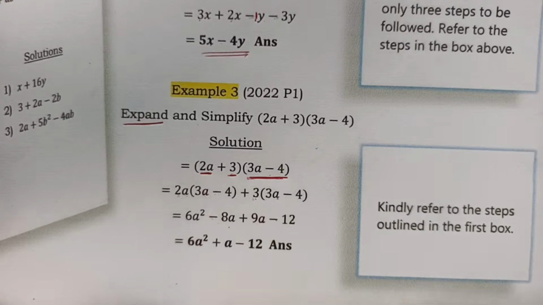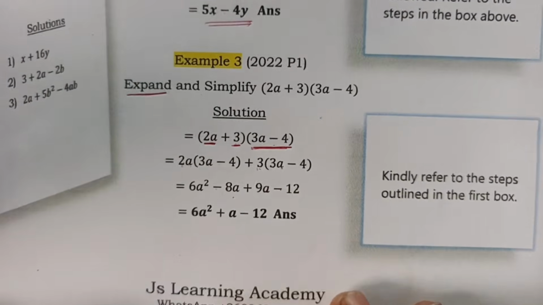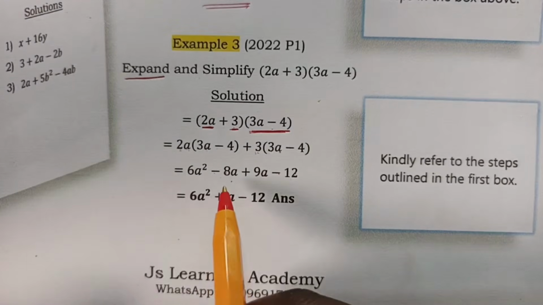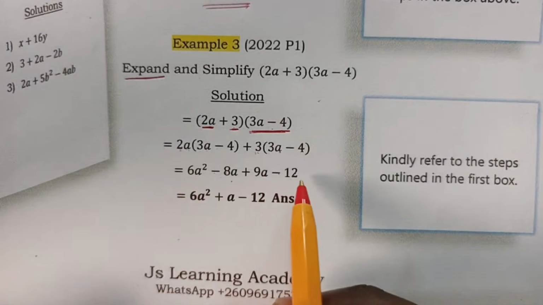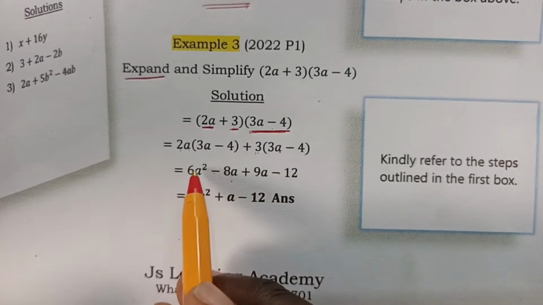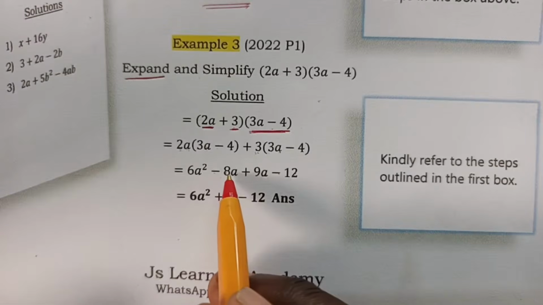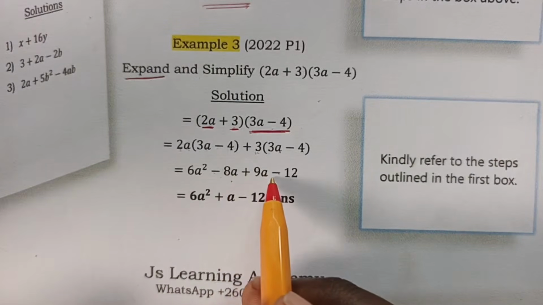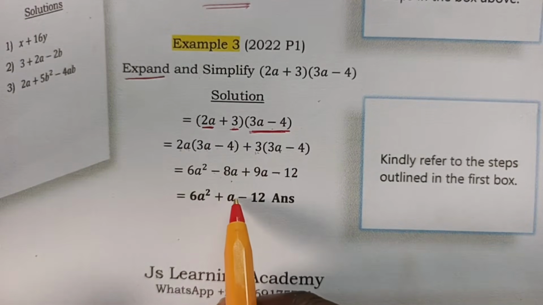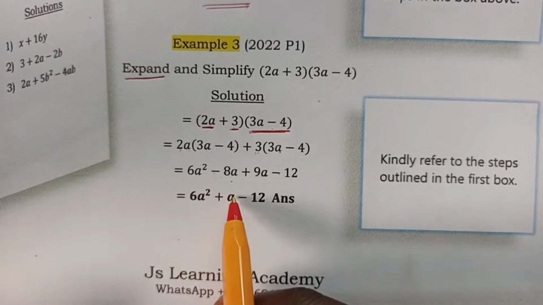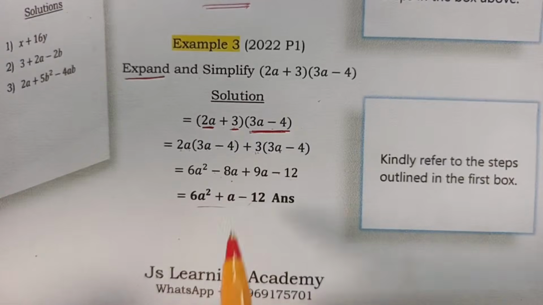We've gotten rid of the brackets. The next thing that we're going to do here is to group the like terms, okay? So when you look at this, the terms are already grouped. We've got 6a squared, and then these two, negative 8a plus 9a, it will give us a, okay? Negative 8a plus 9a will just give us a, or 1a, minus 12, and this is our answer.